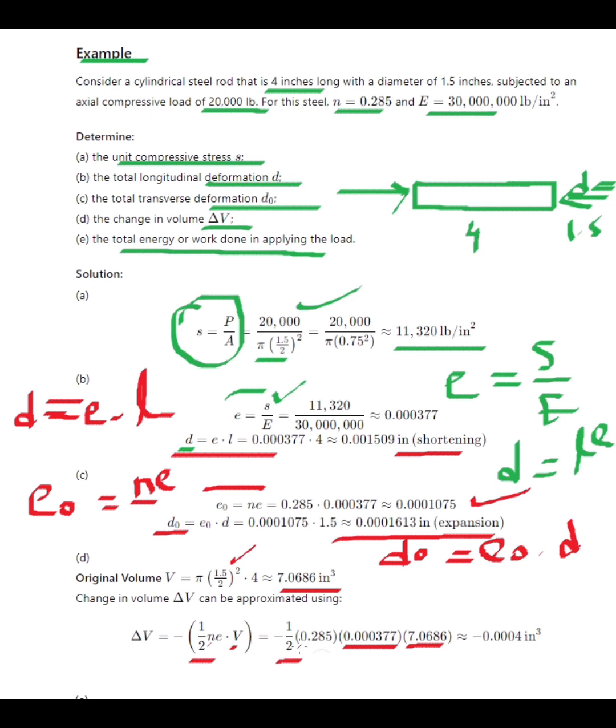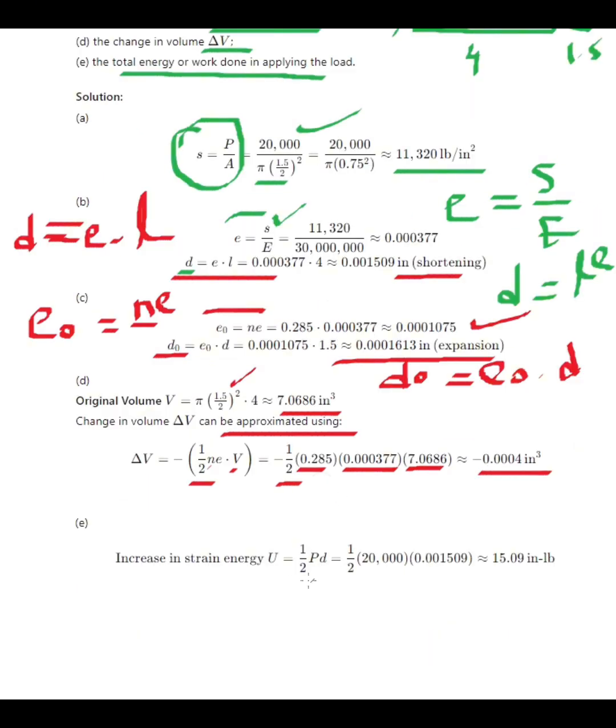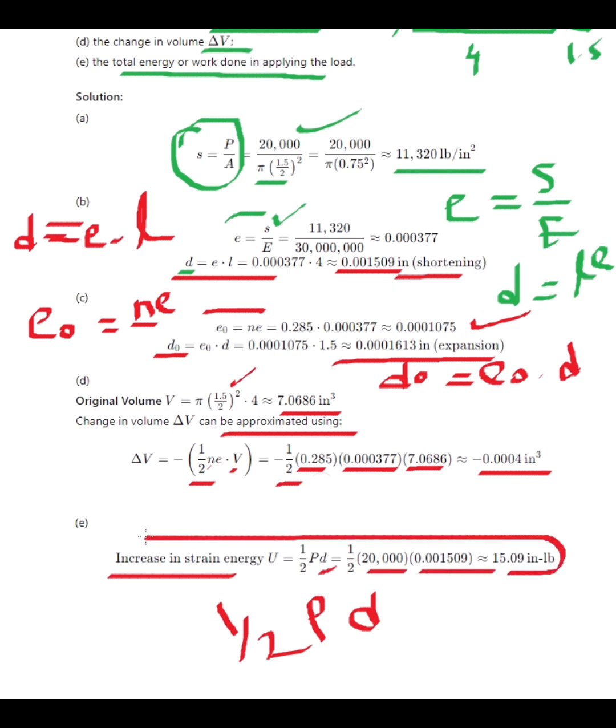So half into Poisson ratio into strain into length, approximated because the change in volume can be approximated, is minus 0.004. This is how we approximate, and then we can see the strain energy. Strain energy is half into force into displacement. The longitudinal displacement we have seen is 0.000159, and the force we know, and this is the total strain energy.